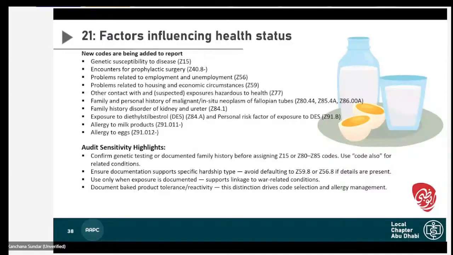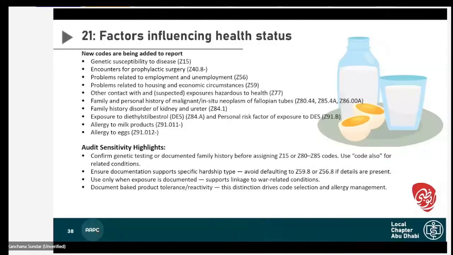Though it is not a condition or a disease, it has a high value to be coded appropriately because it will definitely influence whether the grants are reaching the patient appropriately or not. And as I was specifying all this while about baked, this is a very important takeaway: eggs are having codes now for raw or baked.